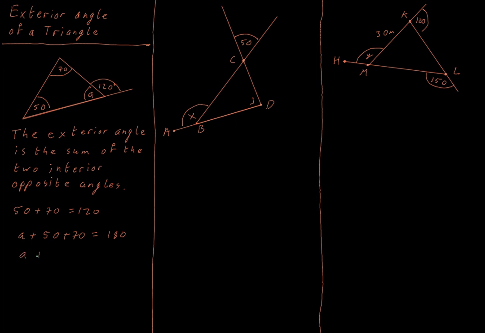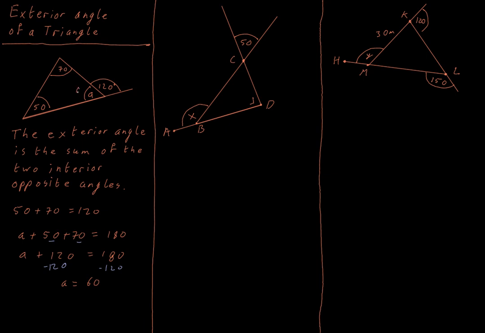Adding our like terms, A plus 120 is equal to 180. Subtracting, so that we get only our letters on the left hand side, A must be equal to 60 degrees.